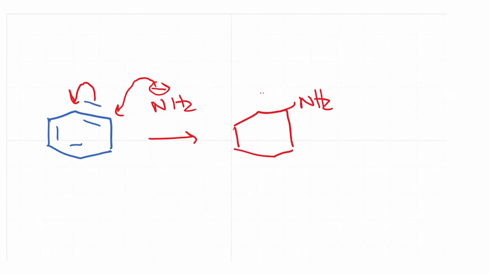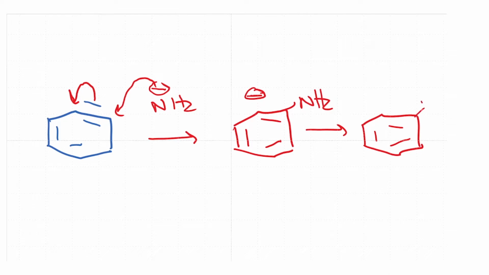And keep in mind that these are fairly extreme conditions under which this reaction can occur, and this eventually picks up a proton and gives you the final product. Okay, so you can convert bromobenzene to aniline using sodium amide and liquid ammonia.